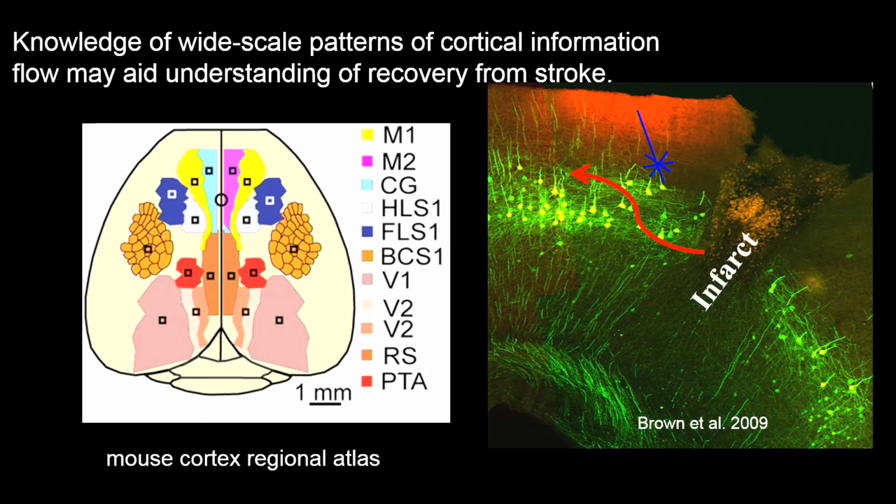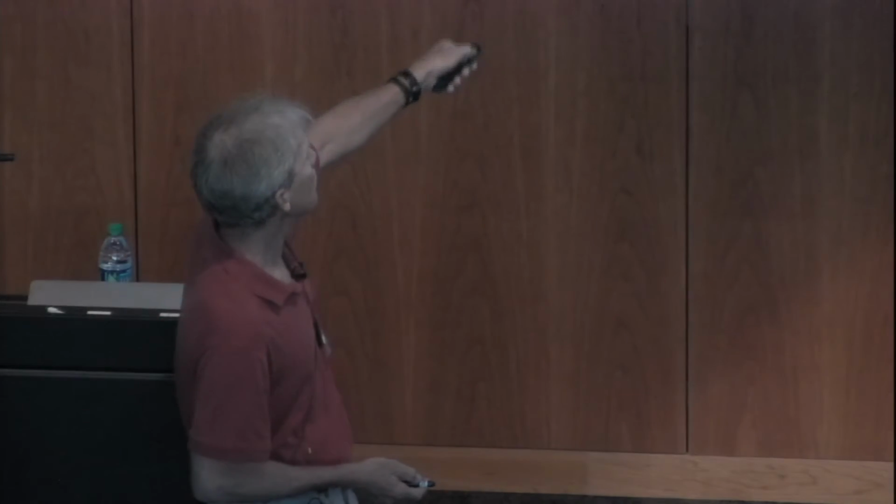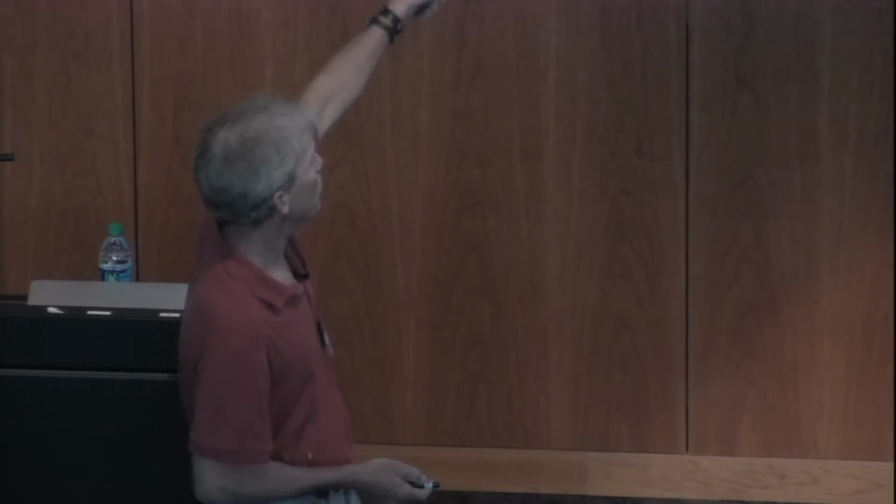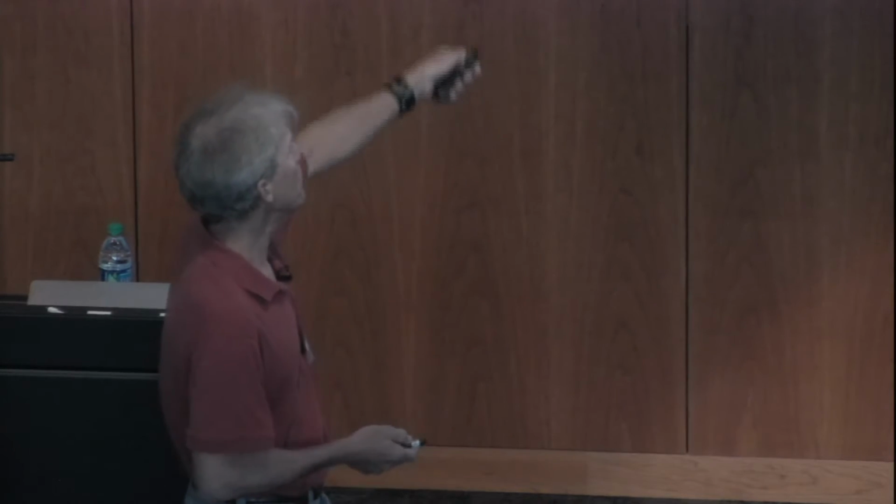And sort of the story in the literature is that animals recover by transferring the function from what's infarcted to what survives. And I won't talk too much about this process of remapping, but I will go into some preparations for studying the mouse brain from this perspective.